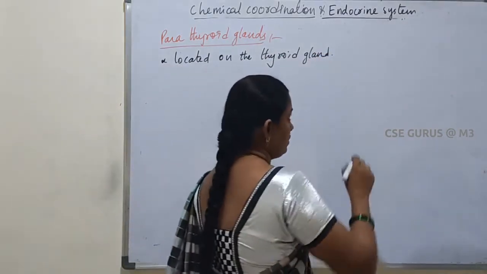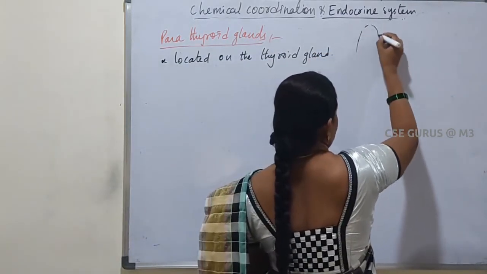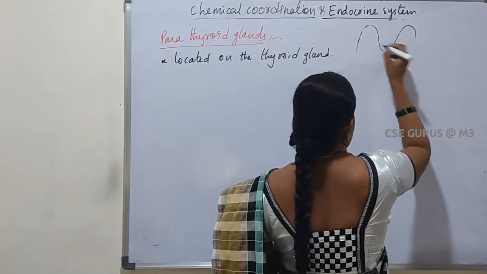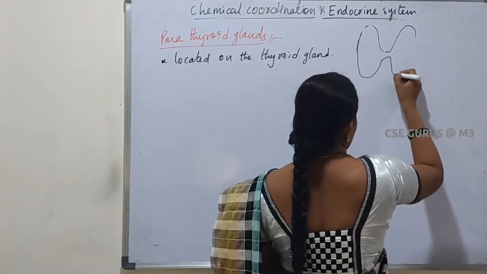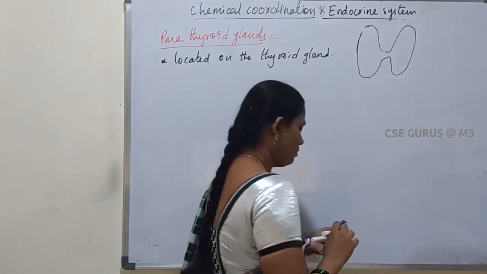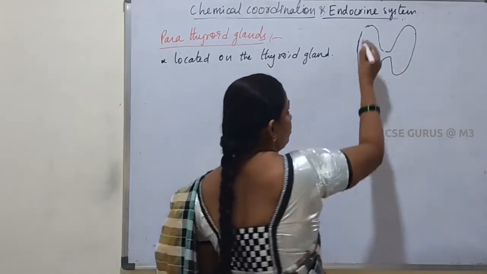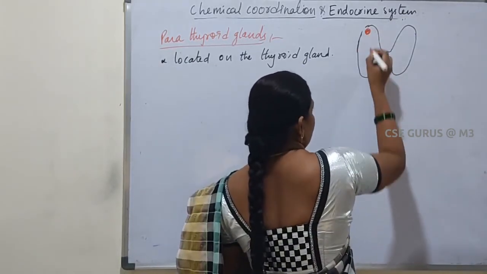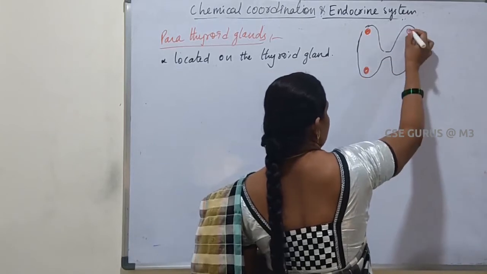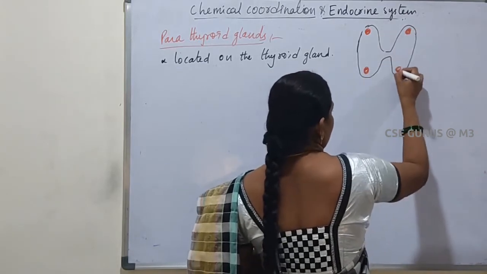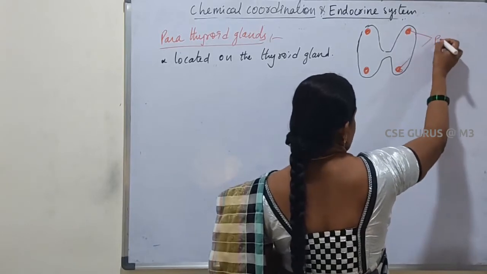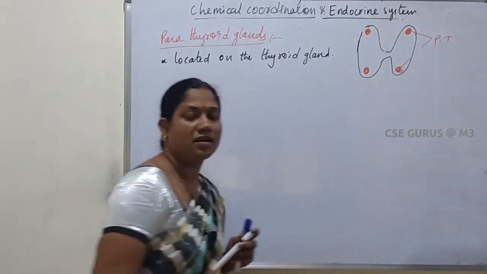We have already studied that the thyroid gland is a butterfly-shaped or bilobed structure. On each lobe, two small globular structures are present, which are called parathyroid glands.